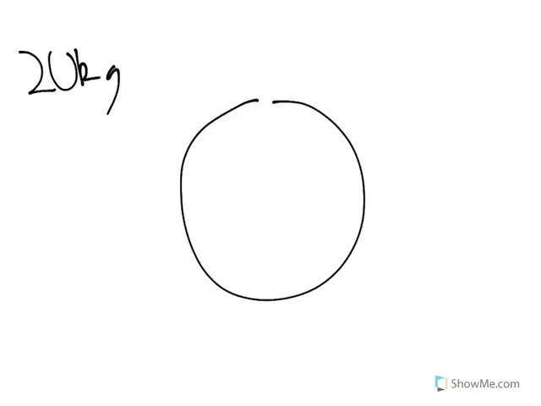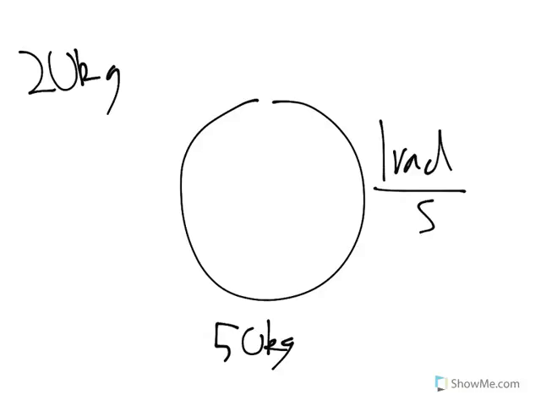So let's say the kid is 20 kilograms, and we'll say the merry-go-round's 50 kilograms. And as we said before, it's spinning at 1 radian per second. So what's our initial angular momentum? Well, for the kid, he's not spinning, so the kid is 0. And the angular momentum for this is going to depend on the radius, which we'll say is 1 meter.